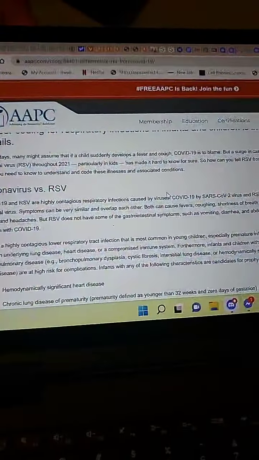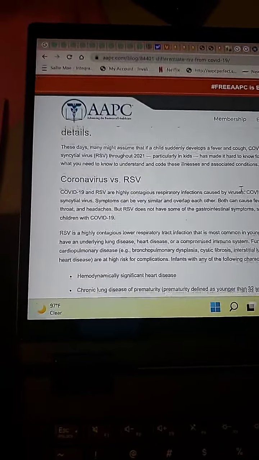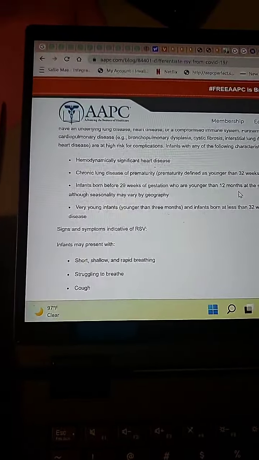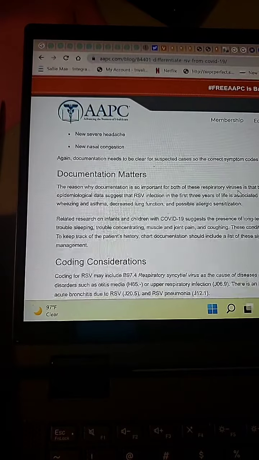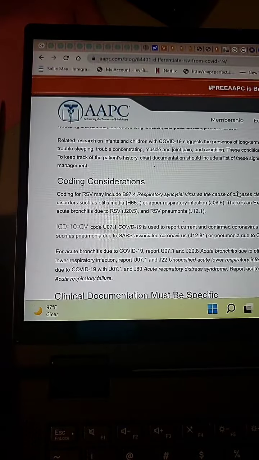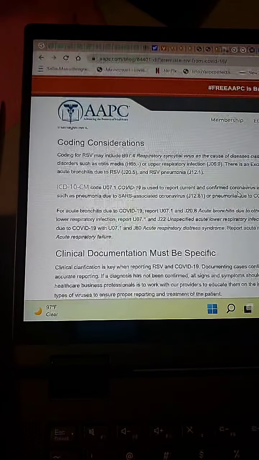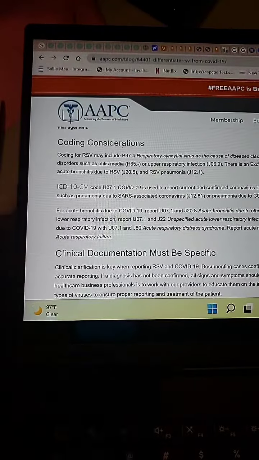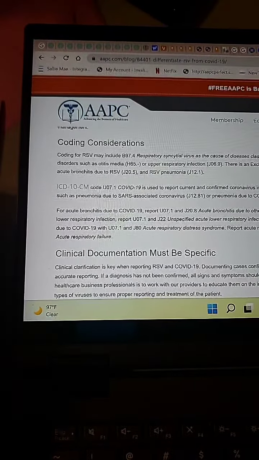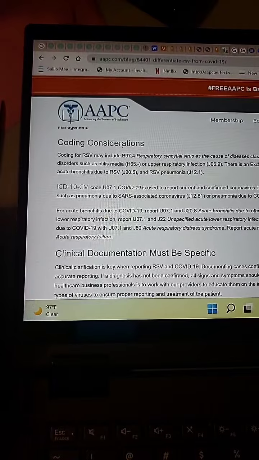I like their knowledge center. They have information here about RSV versus COVID. Acute bronchitis with COVID, acute respiratory failure due to COVID, yep, I have that one.